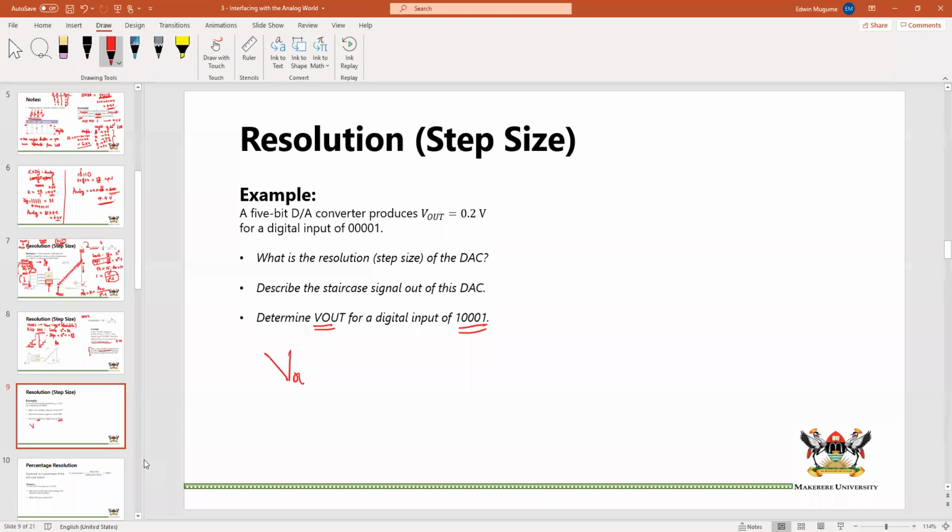It is V out, which is K, 0.2, times the digital input, which is 2 to power 4 plus 2 to power naught, so this is 17 then. 0.2 times 17 is equal to 3.4 volts. All right. Any questions?